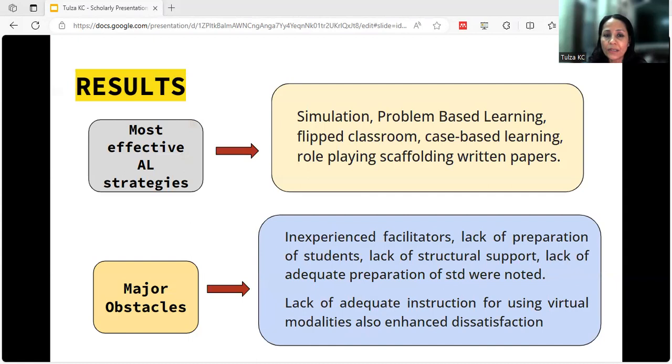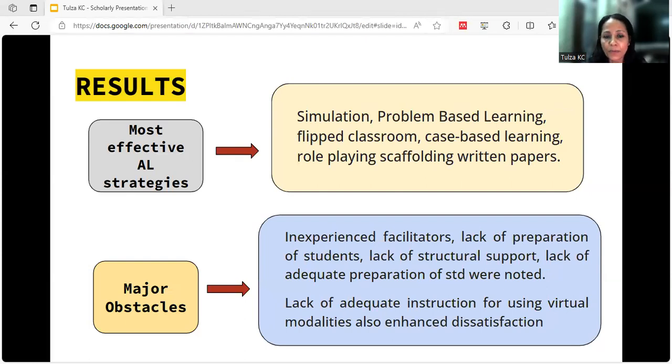Talking about the results, they have been generated after the analysis of 20 selected articles. There was predominance of qualitative research over quantitative. Among the active learning strategies cited, simulation was the most effective strategy followed by problem-based learning. However, some other strategies such as case-based learning, concept maps, role-playing, and scaffolding written papers were found to be efficacious too for the active involvement of students in the teaching and learning activities.